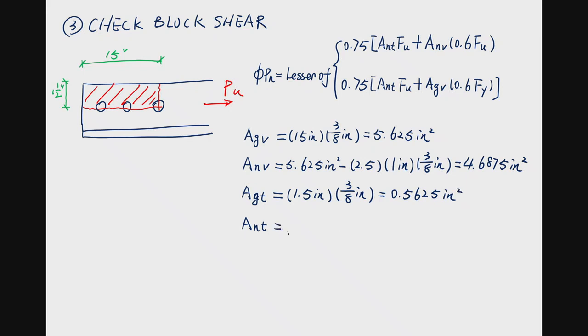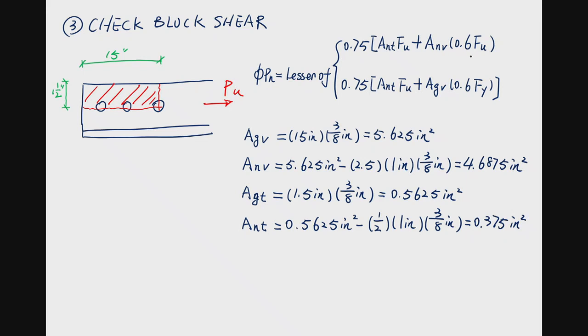And ANT accounts for the deduction of half a hole, so that's 0.5625 square inches minus half a hole, the 1 inch hole diameter times the thickness, which gives 0.375 square inches.